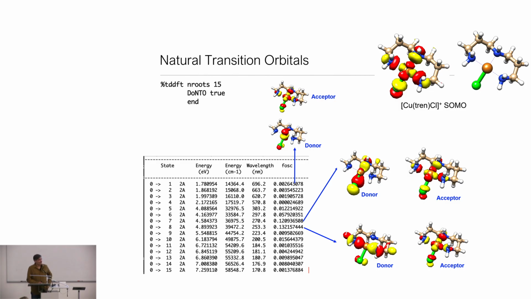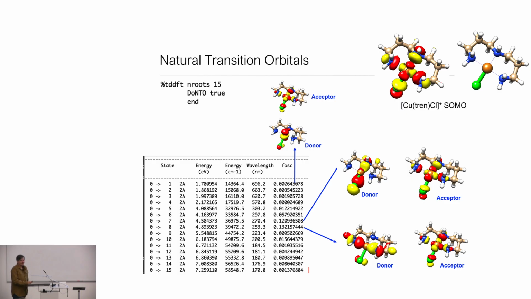Then it's very useful to take the transition density and calculate from it the so-called natural transition orbitals. These allow you, for each and every state, to identify a pair of orbitals that act as the donor and the acceptor for that transition, and that essentially allows you, no matter how complicated the wave function is, to visualize the transition as a transition between orbitals.